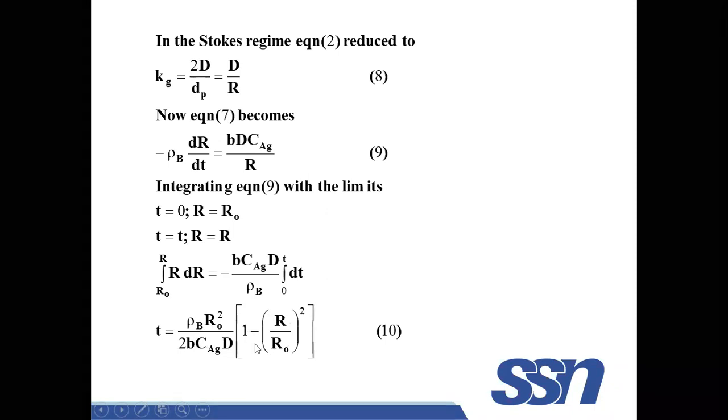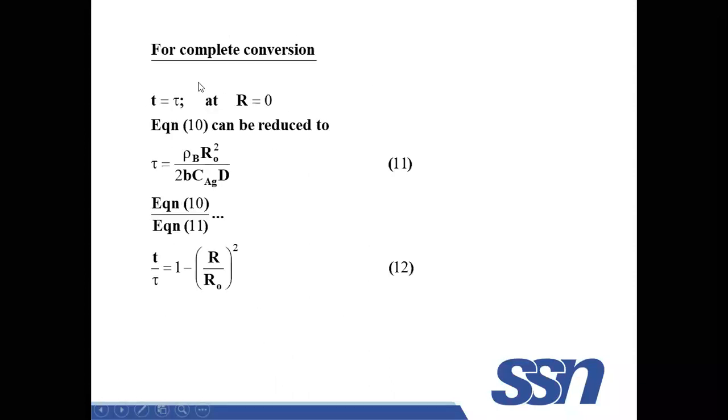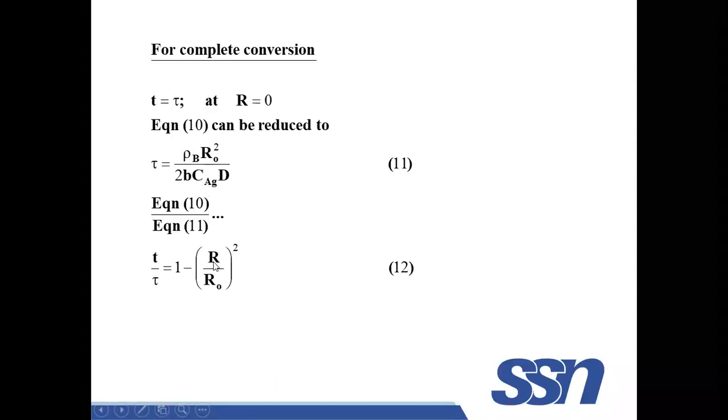Expressions almost look similar, except here the particle size is changing, whereas in the previous one the particle size is not changing. So for a complete conversion, you can write r is 0. Therefore, initial depends on what you are taking. So r naught is the initial, that is what I am taking. Therefore, r is any radius at any particular time.